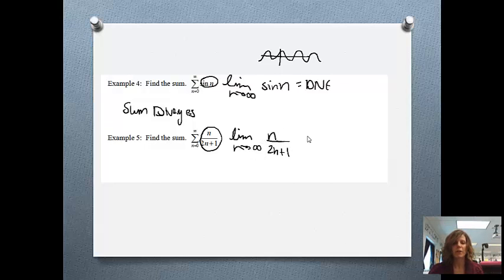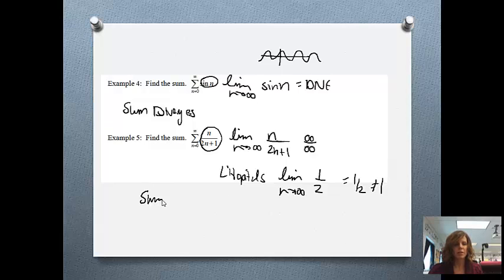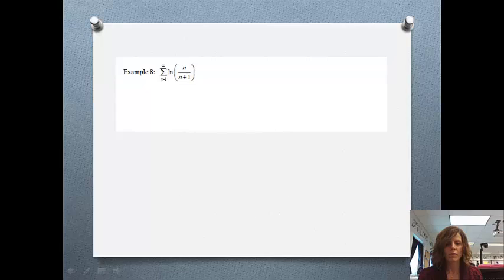If I plugged in infinity, I would get infinity over infinity, so I am going to apply L'Hopital's rule. Then I'll have the limit as n approaches infinity of 1 over 2, so that limit will equal 1/2. And since the limit does not equal 0, we can say that this sum diverges. If I added all the numbers in that sequence together, it would not end up heading towards any specific number.